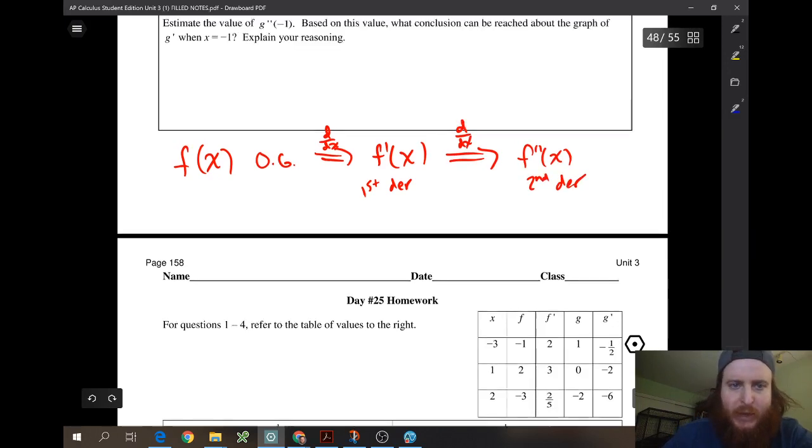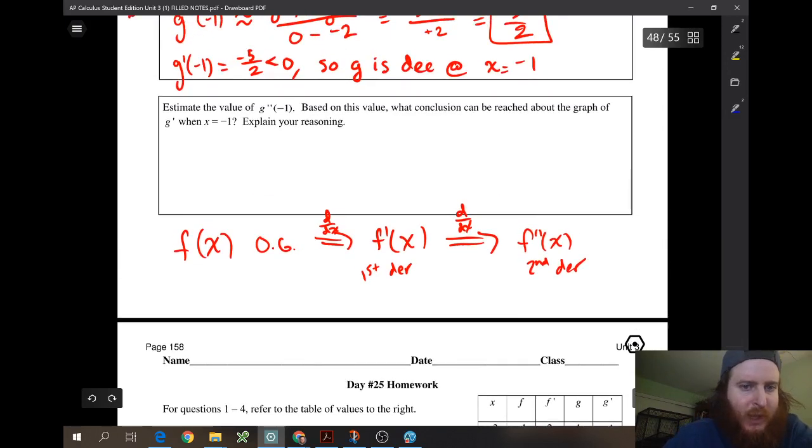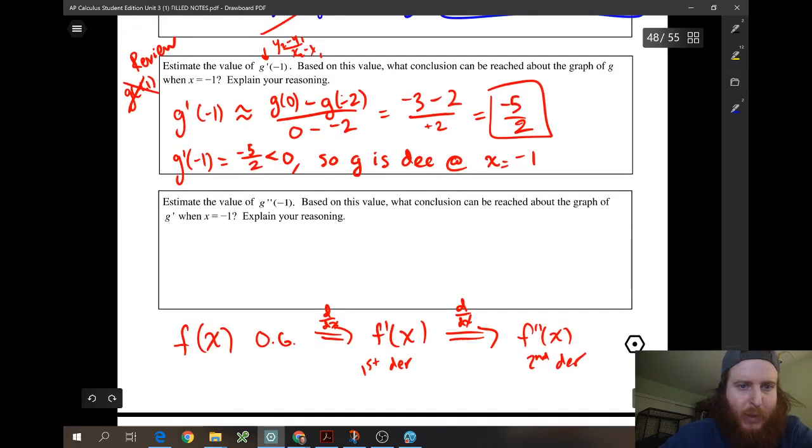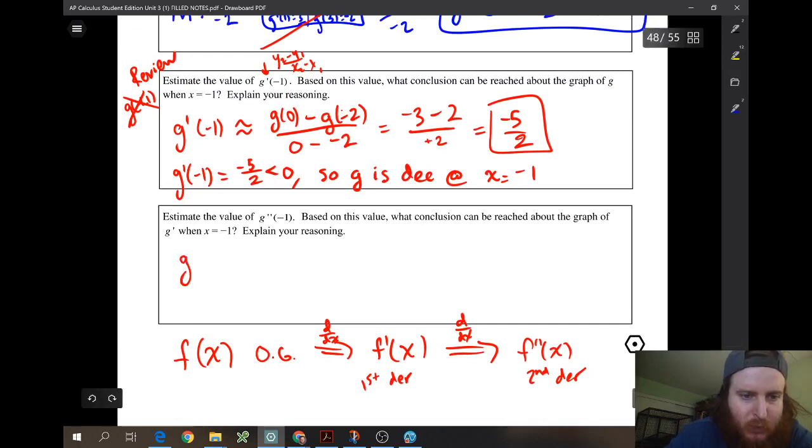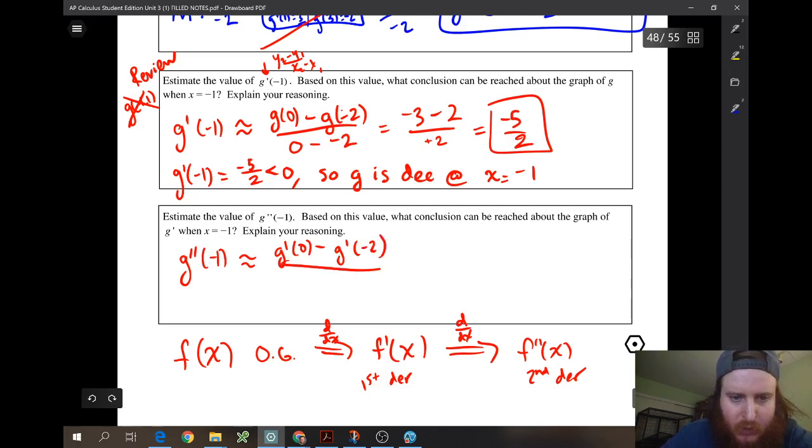So if we were going to estimate g double prime, it's the same process, but instead of using the y2 minus y1 of the original, we're going to do the y2 minus y1 of the derivative. So the second derivative would be g prime of 0 minus g prime of negative 2 over 0 minus negative 2.